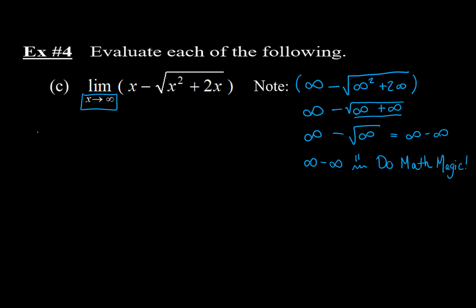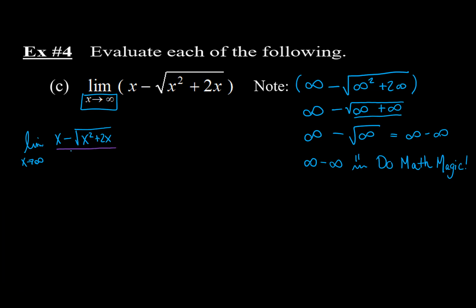The math magic I'm going to do here is I'm going to multiply by the conjugate. So I've got the limit as x approaches infinity of x minus the square root of x squared plus 2x. And I am going to multiply that by the conjugate.